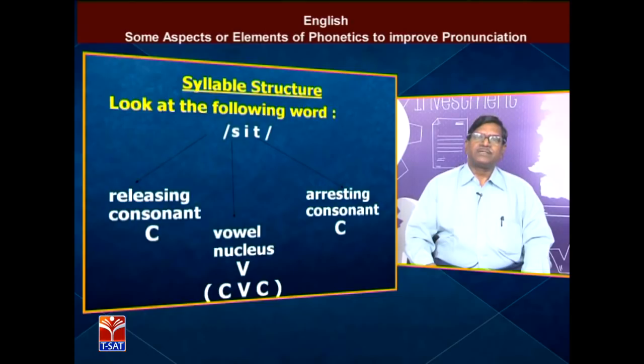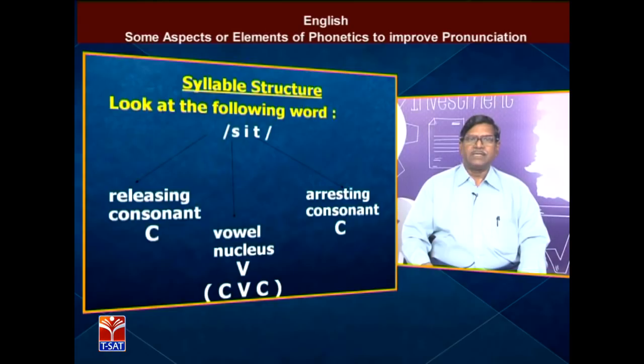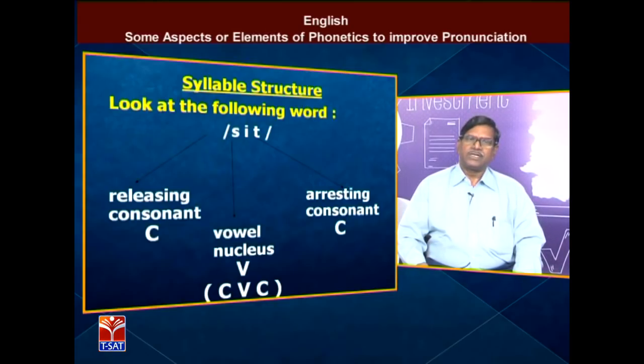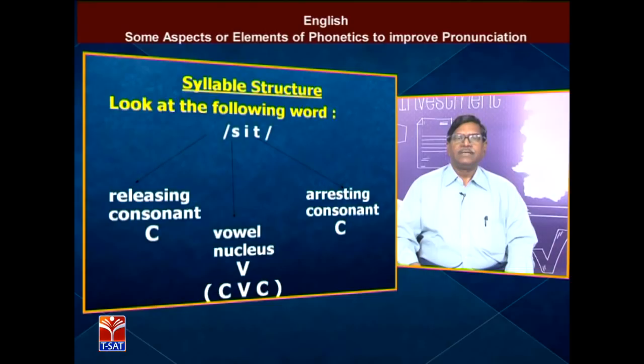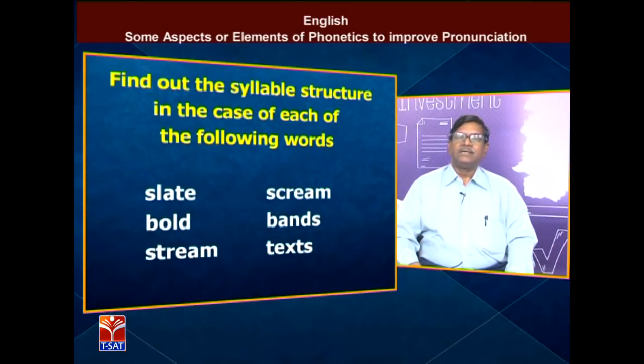See, find out the syllable structure in the case of each of the following words. Let us say slate, S, L, A, T. Two consonant sounds, S, L, precede the vowel sound A in the word slate, and the A sound is followed by T. Likewise, scream, S, K, R. Three consonant sounds precede the E sound, and these three form a consonant cluster which precedes the vowel.